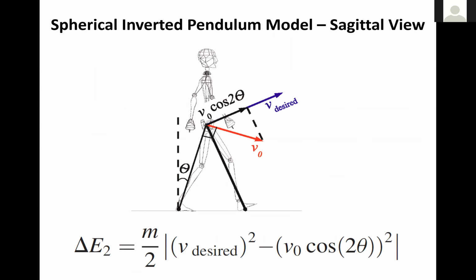The second term, and hopefully this equation looks a little bit familiar to you all, is essentially the amount of energy required to maintain a desired speed. So if you just look at this portion of the equation, can someone tell me what this term is? m/2 v squared, anybody? Anybody know what the left-hand side term of this equation is?